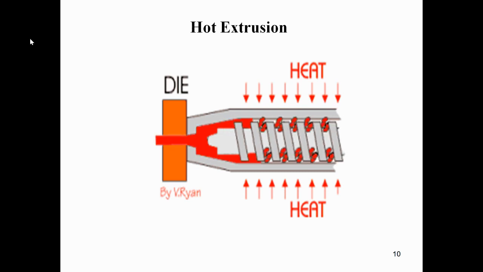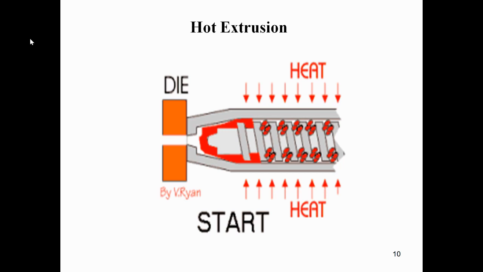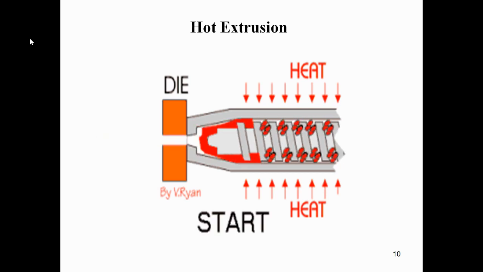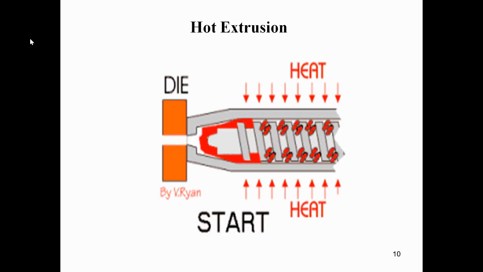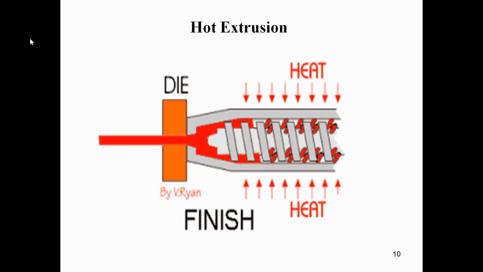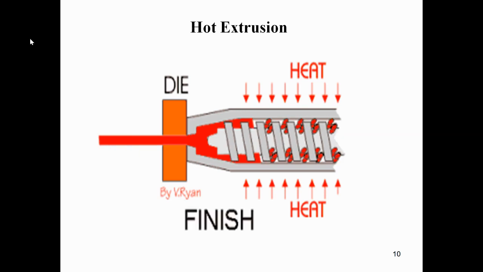We can see the slow movement of the billet through the die. In this diagram, the reddish colors are the hot billet. With the help of high pressure, it is passing through the die.